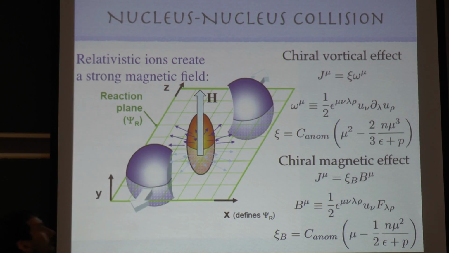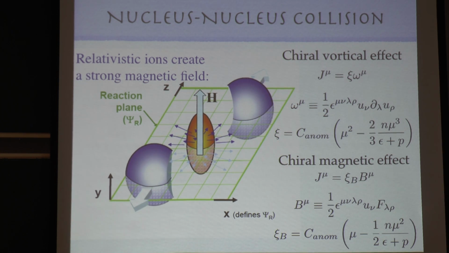So to start, let me give you some physical intuition. Imagine we have two heavy nuclei that collide at RHIC or LHC. After the collision, there is this blob of matter that forms in the middle, and it's very hot. There is a magnetic field created, and in particular there are chiral particles, basically quarks, that flow in that blob.